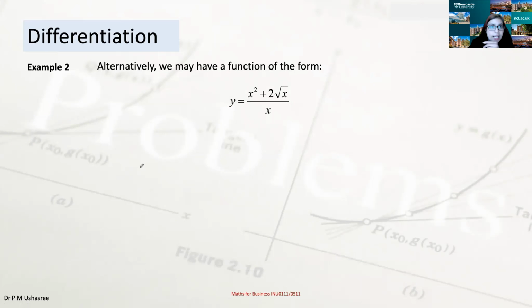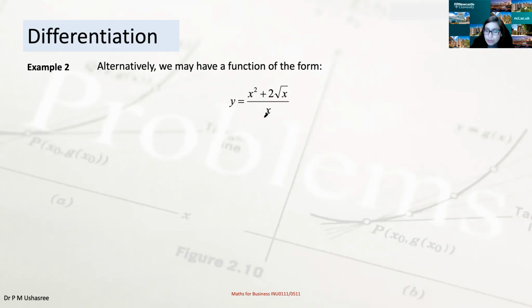Now the second example, which you should be familiar with and should come out easily for you, is when you have something like a division or product. Here it is division, x squared plus 2 root of x, over x.